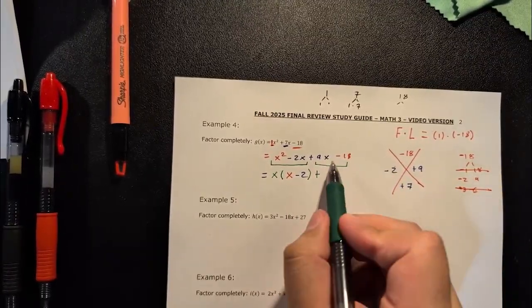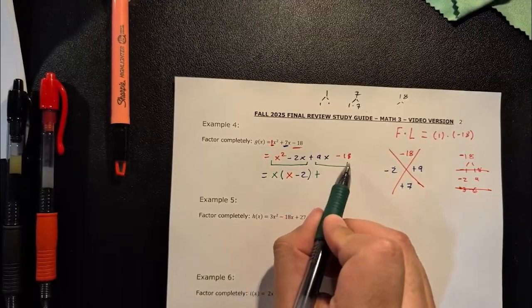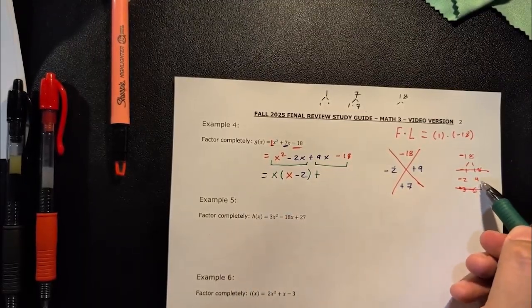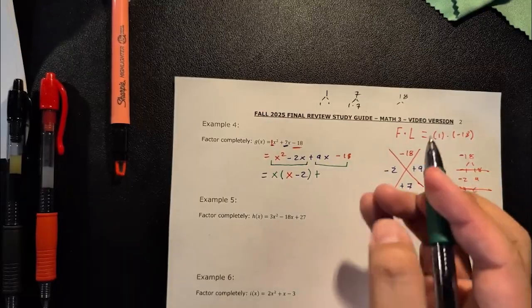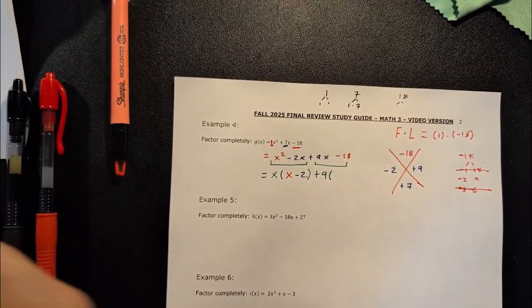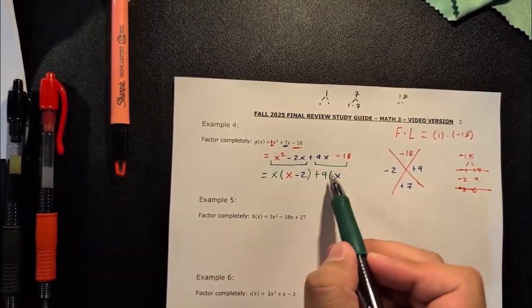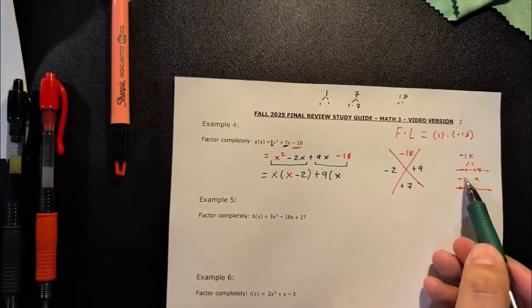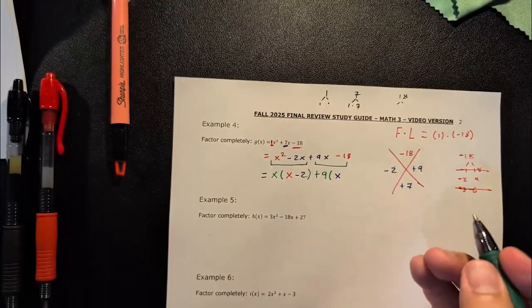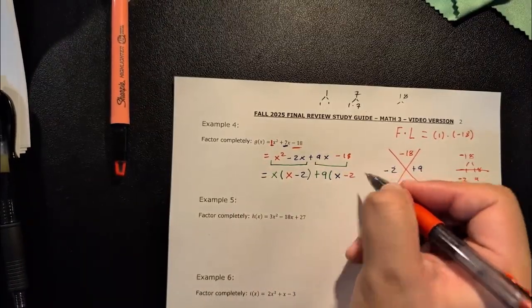What can I factor out from these? Well, 9 goes into 9, but 9, we also saw it goes into 18. So we can take out a positive 9, and I'm left with an x. And when I factor out a 9 from 18, I'm left with a negative 2.